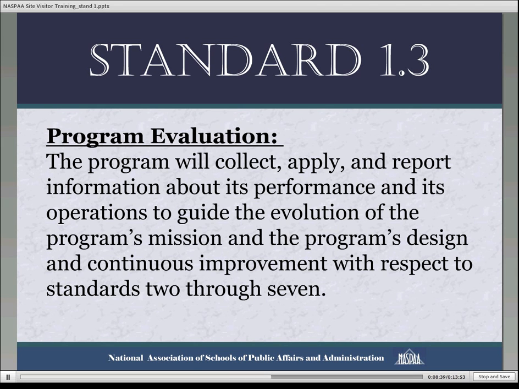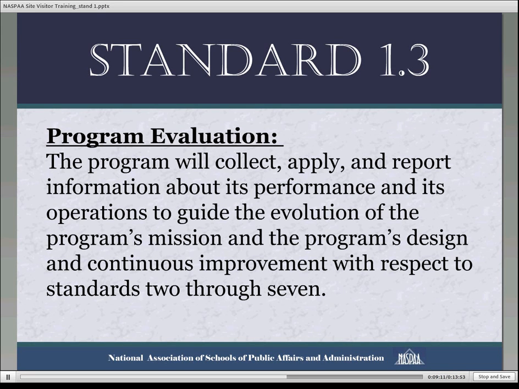When you're thinking about standards 2 through 7, that's where you're expecting the program to go into the detail about what actually happened, particular changes that you might want to see evidence or talk about with respect to changes in curriculum, what motivated particular changes in curriculum, which is a later standard, what motivated the decision to hire certain types of people with certain types of skills consistent with the program's strategy and mission and public service values.